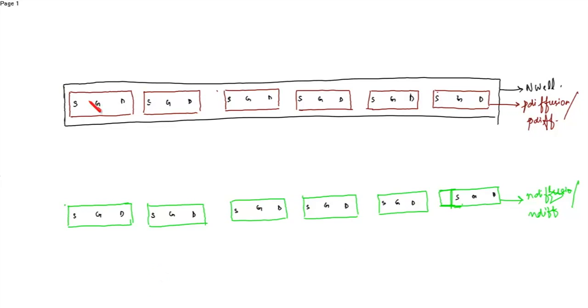Now the gate of PMOS 1 is connected to the gate of NMOS 2 in our transmission gate. So we connect. Okay. Similarly, the gate of transmission gate 2, that is the gate of PMOS 2, is connected to the gate of NMOS 1.